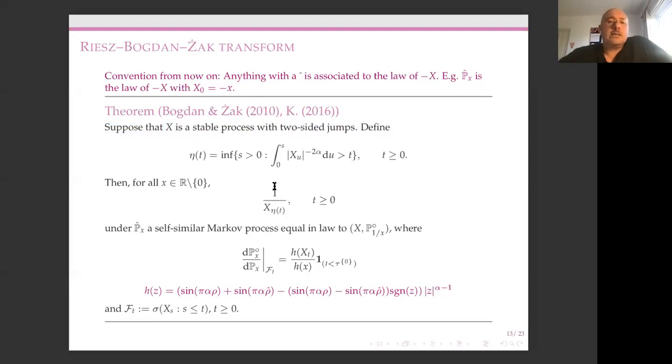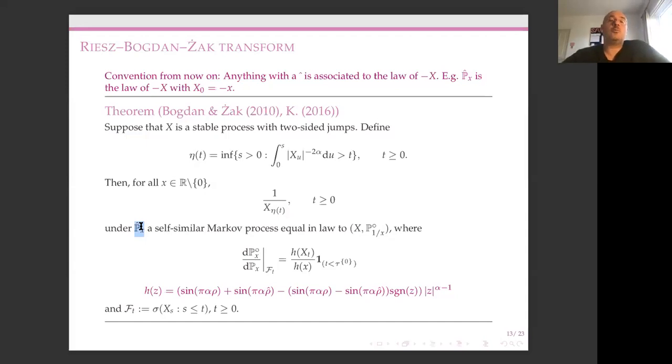So if I take 1 over the stable process, so I invert the path, if you like, this is an inversion through the unit interval -1, 1, and then I time change, then what I'm looking at is not a stable process again, but something that's nearly the stable process again. So first of all, I'm going to look at this not under P, but under P hat.